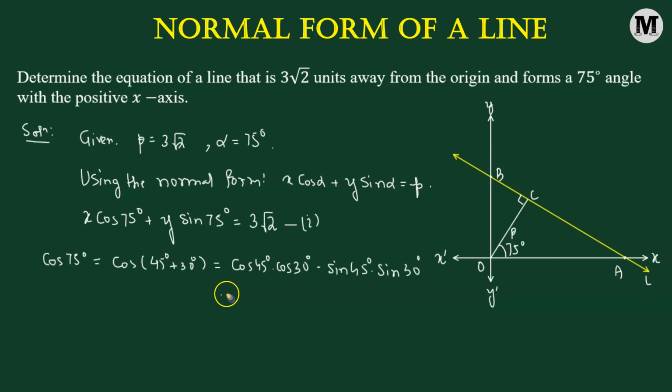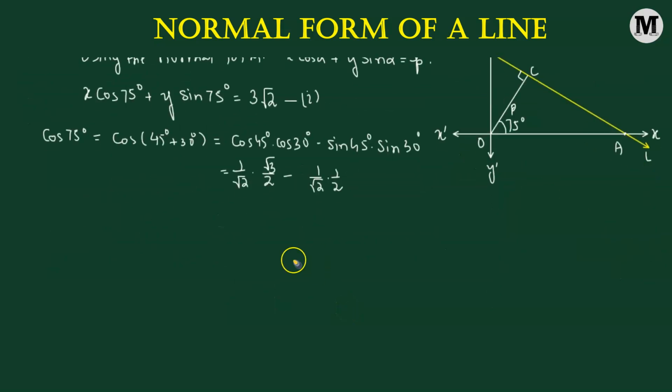So what is cosine of 45 degrees? That's 1 over square root of 2 multiplied by cosine 30 degrees, that's square root of 3 over 2, minus sine 45 degrees, that's 1 over square root of 2 multiplied by sine 30 degrees, that's 1/2. So let's combine it, and cosine of 75 degrees comes out to be square root of 3 minus 1 divided by 2 times square root of 2.